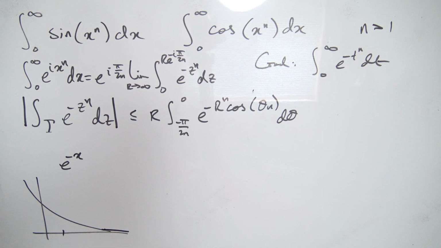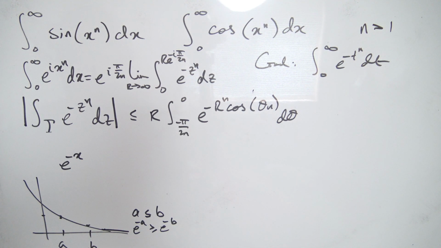And if you pick a point a and you pick another point b, where a is less than or equal to b, then if you take the output, e to the minus a is always greater than e to the minus b. As you can see, e to the minus a is up here, and it's greater than or equal to e to the minus b, which is down here.